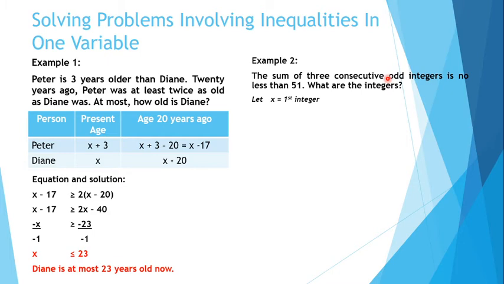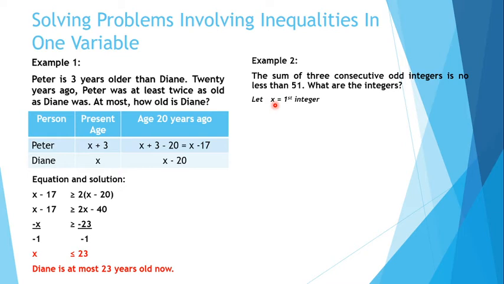Now, let us assign x as our first integer. Okay? So, we are going to find three integers here. But of course, for our solutions here, we only have to find x. We can only find the second and third integer after we find the x, or the first integer.